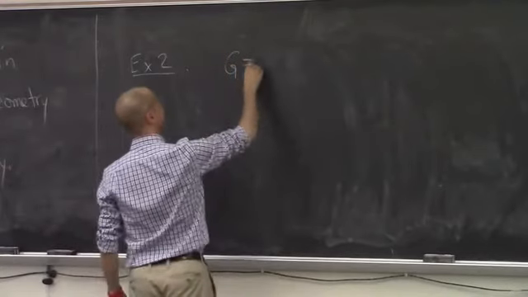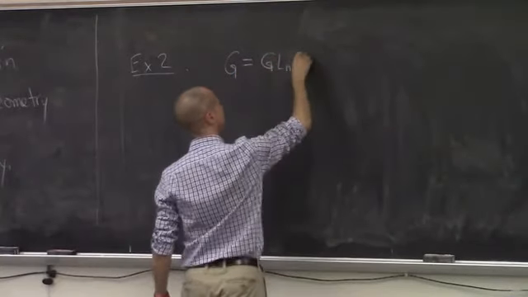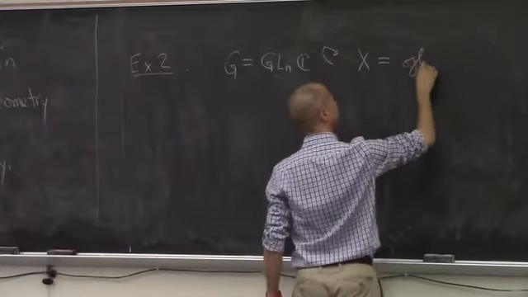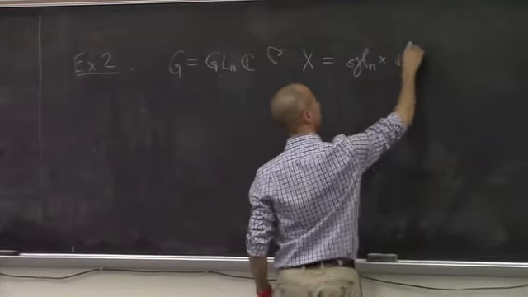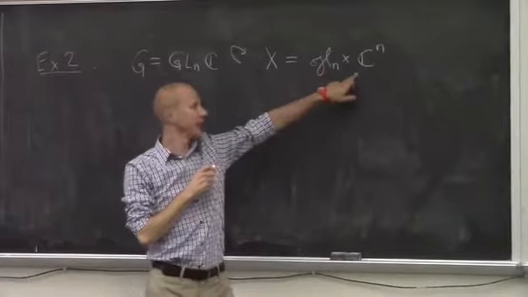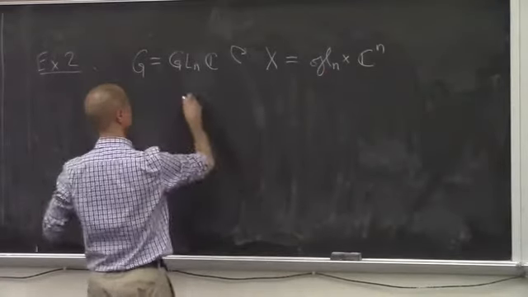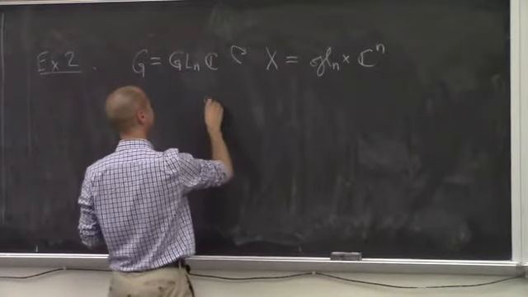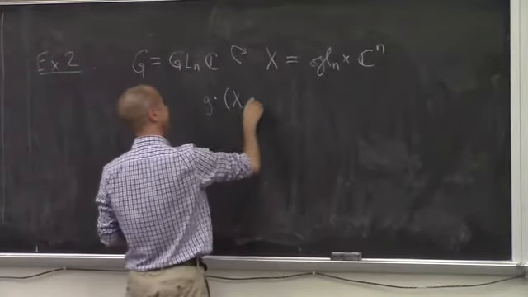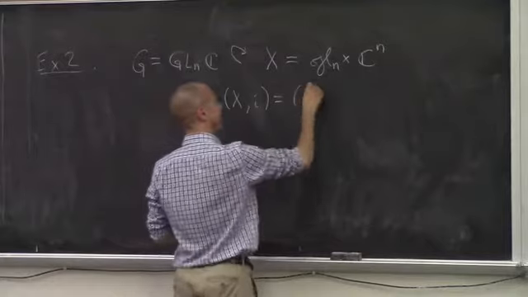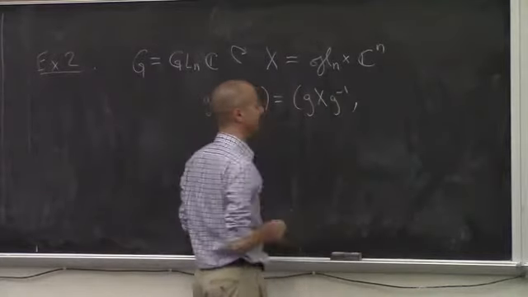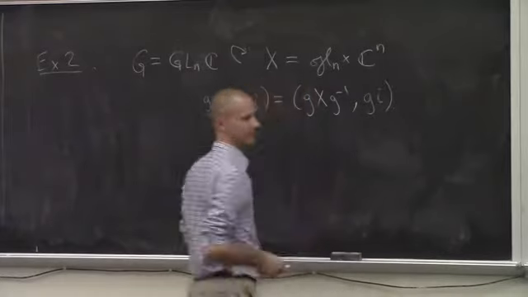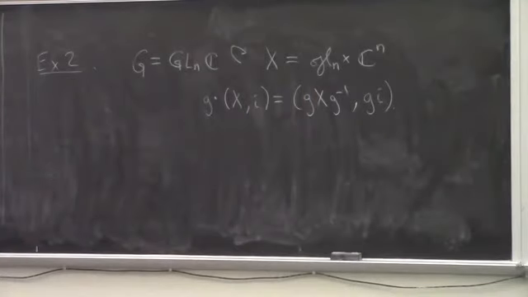Here I'm going to take the group to be GLn(C), and it's going to act on the space consisting of pairs of an n by n matrix and an n-dimensional vector. If you think about it for a little bit, there's only one action you can imagine doing. And that's that I conjugate the n by n matrix by the invertible n by n matrix, and then multiply the vector. So that's the only natural thing I can do.